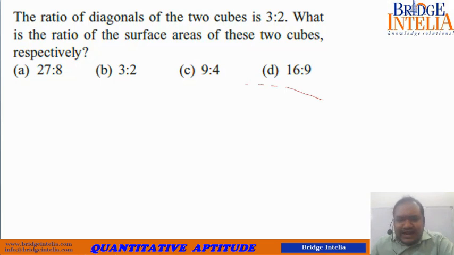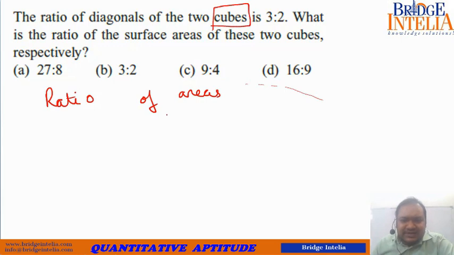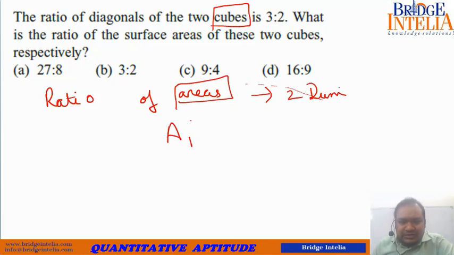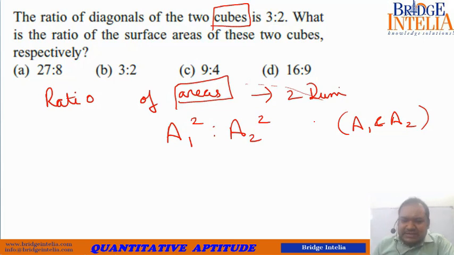Now please understand, when you are finding the ratio of areas, and that too of a cube, since area is a two-dimensional thing, the ratio will always be of the form a1 square is to a2 square, where a1 and a2 are the lengths of the edges, as we have learned from the concept of scaling.